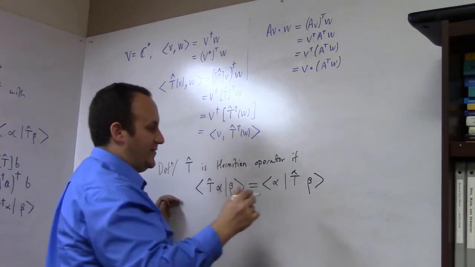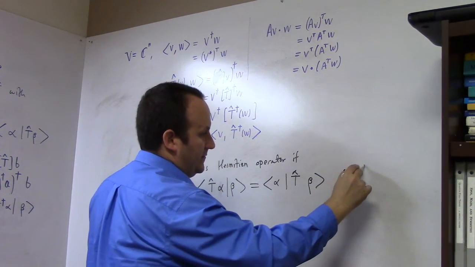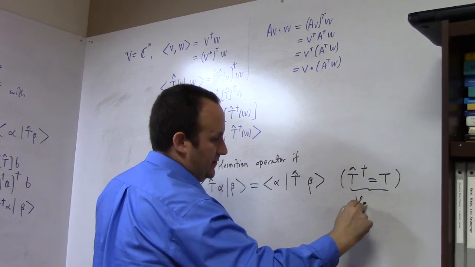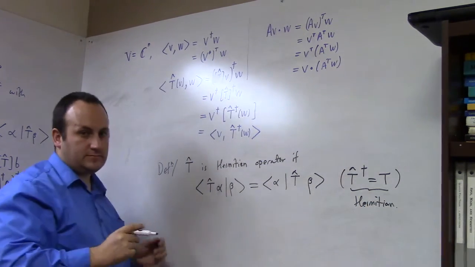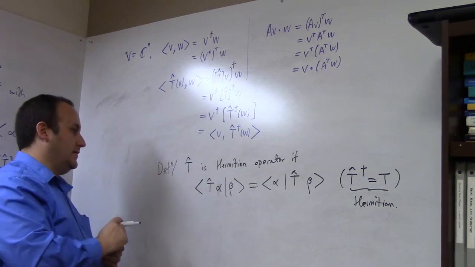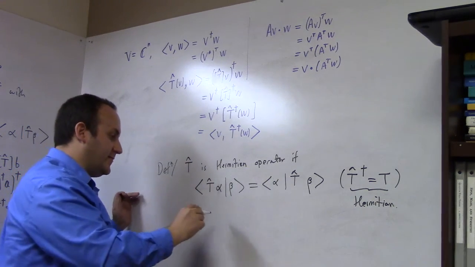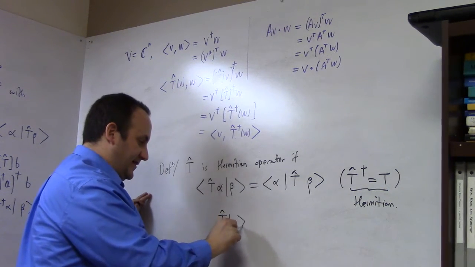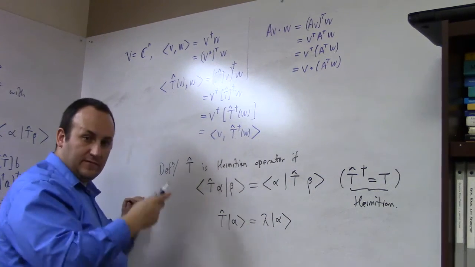A Hermitian operator basically has T conjugate transpose equal to T. This makes it Hermitian. Okay, so suppose you have an eigenvector for a Hermitian operator. So suppose you have T hat acting on some vector gives you back lambda acting on the vector again, for T Hermitian.